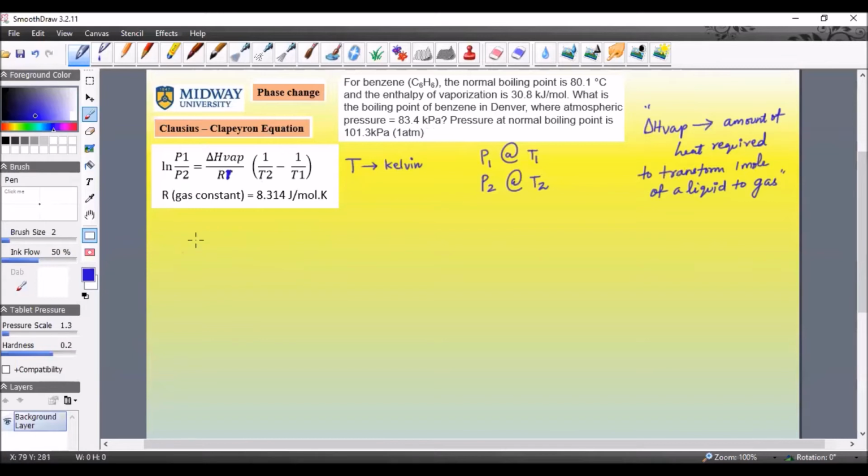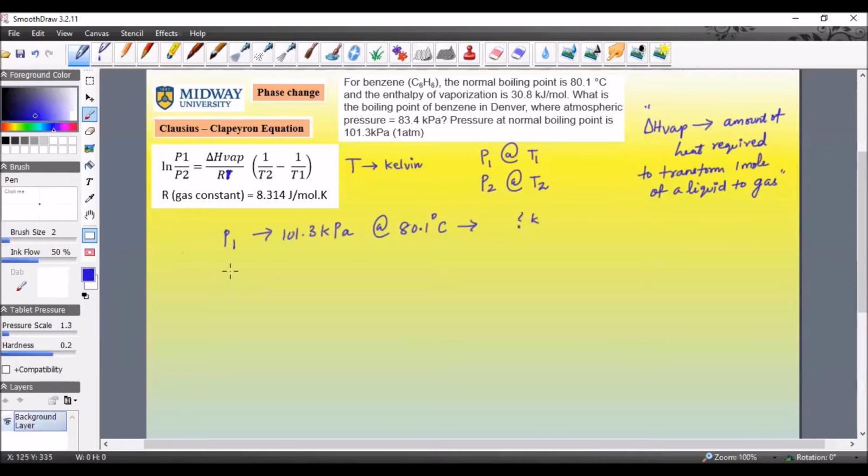So let's say P1 is our normal pressure, which is 101.3 kilopascals, and the corresponding temperature is 80.1 degrees Celsius. Keep in mind, this has to be converted to Kelvin. We'll come back to this.